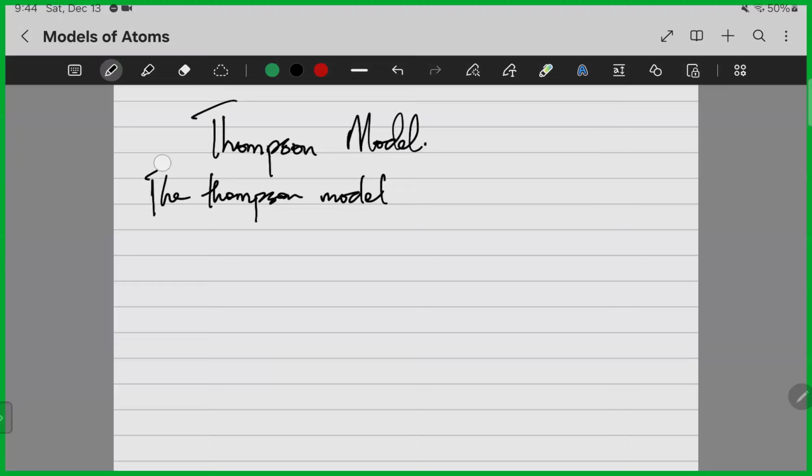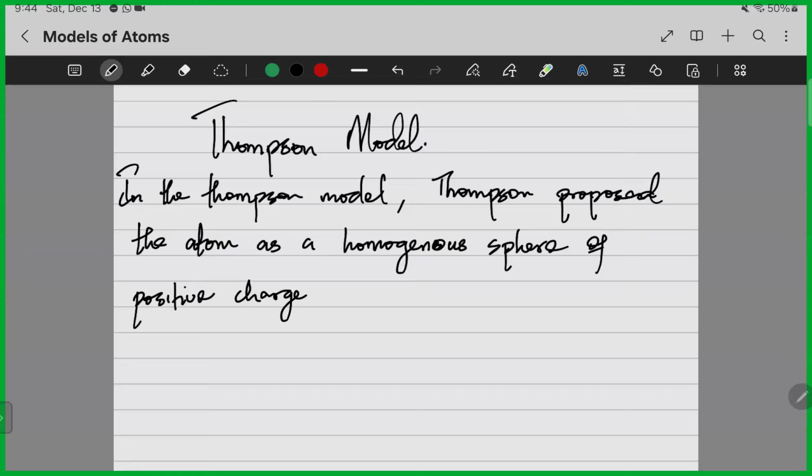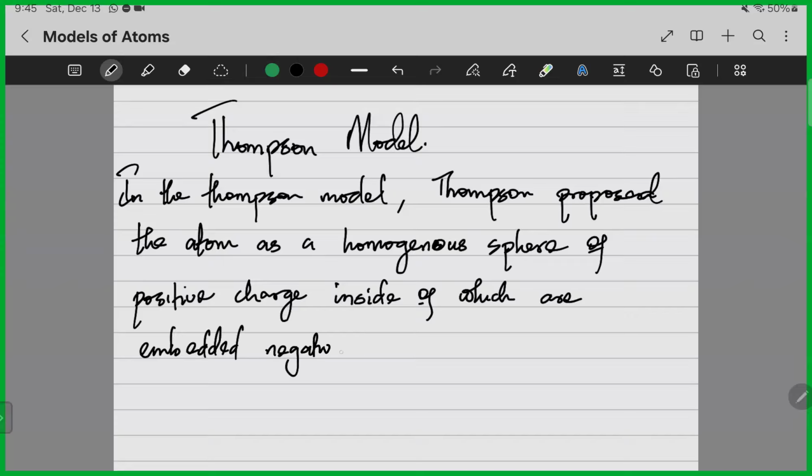In the Thomson model, Thomson proposed the atom as a homogeneous sphere of positive charge inside of which are embedded negatively charged electrons.